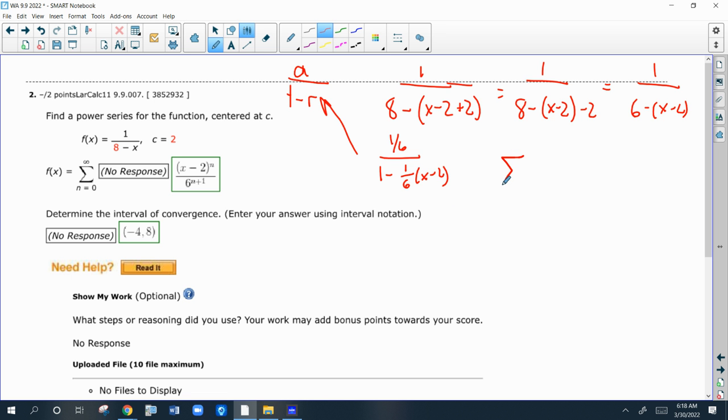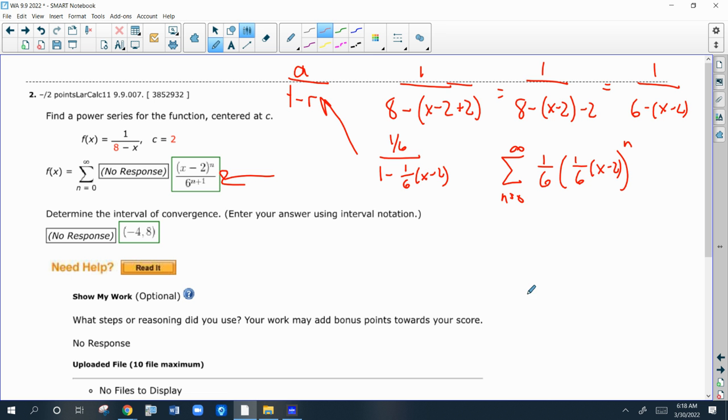So it would be the sum as n goes from 0 to infinity of a, which is 1/6, times r, which is 1/6 times x minus 2, to the n. Now, if you multiply this out, you'll get 6 to the n here, times 6 would be 6 to the n plus 1, which is where this comes from.